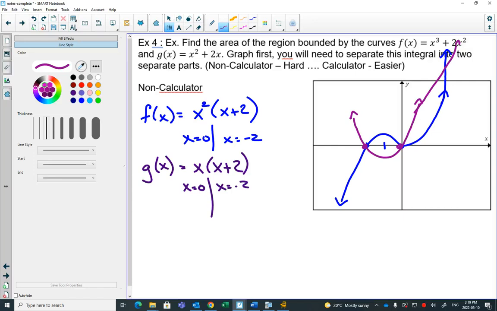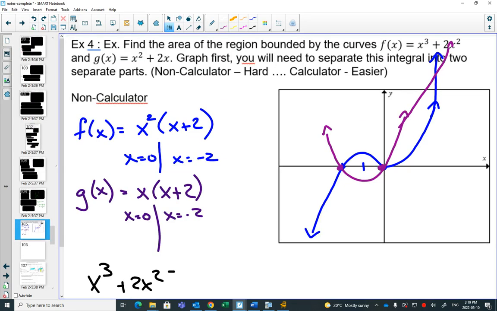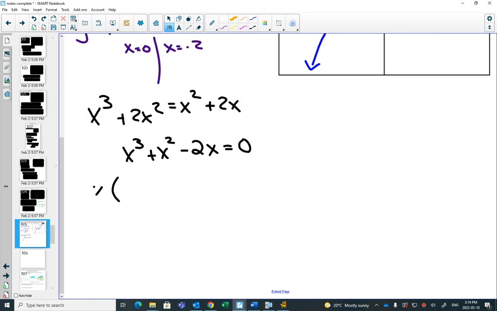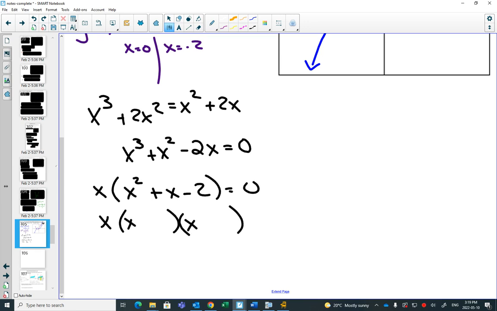But when we solve these two equations, in other words, when I try to find out where they intersect, if I make x cubed plus 2x squared equal to x squared plus 2x, and I solve this, I would move everything over to one side and factor out an x, leaving me with x squared plus x minus 2, and this will be x plus 2, x minus 1.